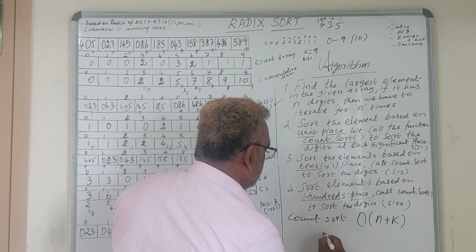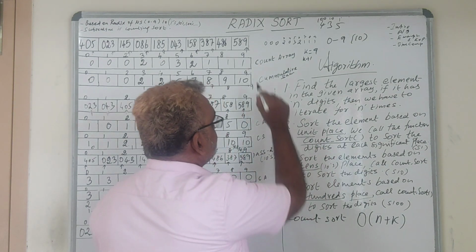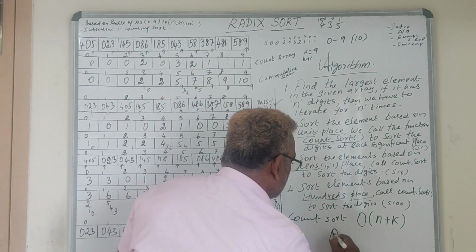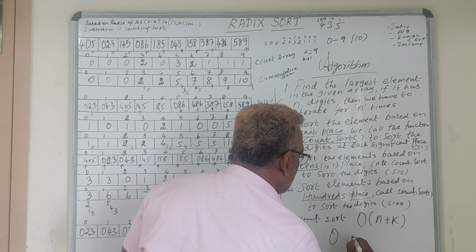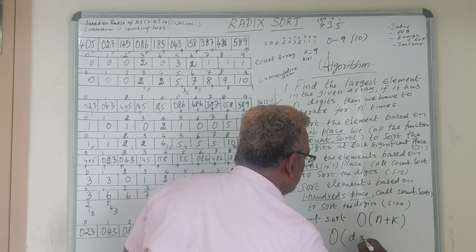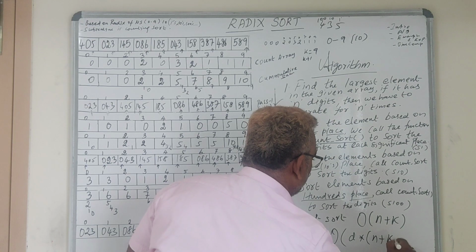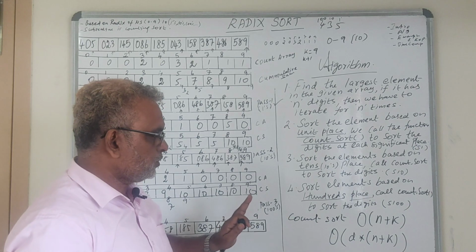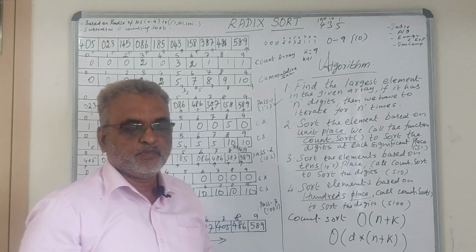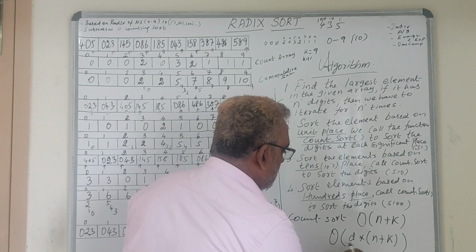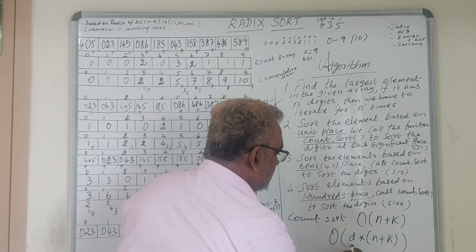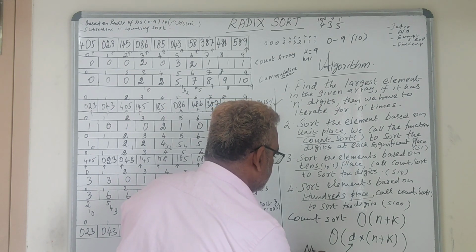In this case it is 3, so we have performed count sort 3 times. So the time complexity of Radix sort can be written as order of d into n plus k, where d refers to the number of digits.